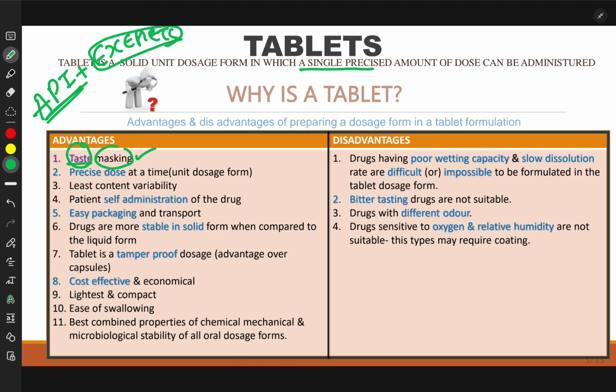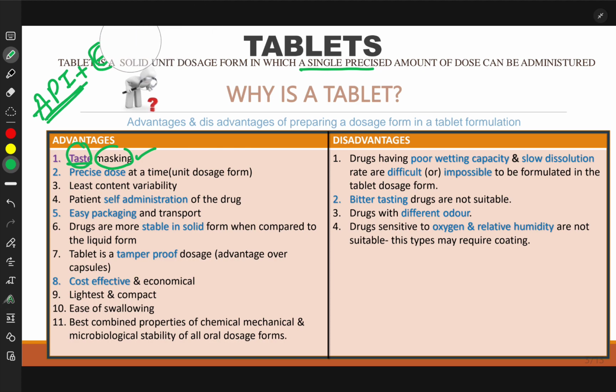Only a 40 mg dose is given in a single tablet. With your hand you cannot handle such a small dose. You have to increase the bulk of the tablet, so you add excipients. You will wonder when you learn the complete excipients chapter.